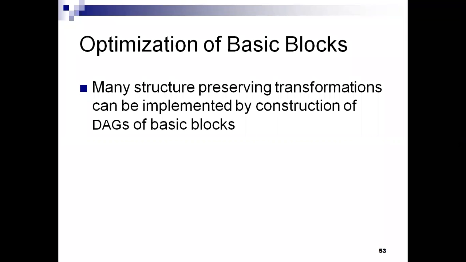And we have another terminology, define and use. Here we have a three address statement, for example, A is equal to B plus C. In this statement we have three variables. Which variables are we using and which are we defining?